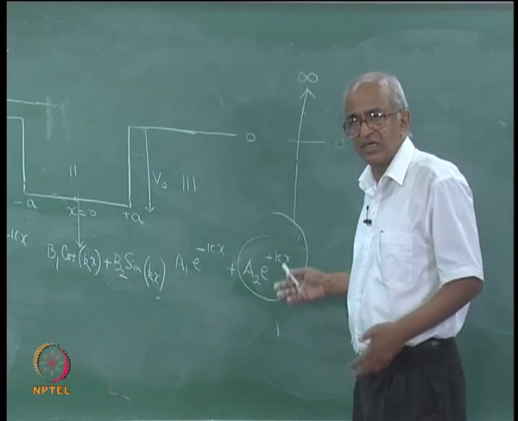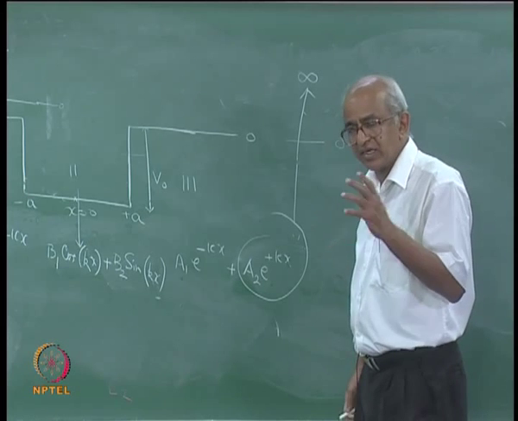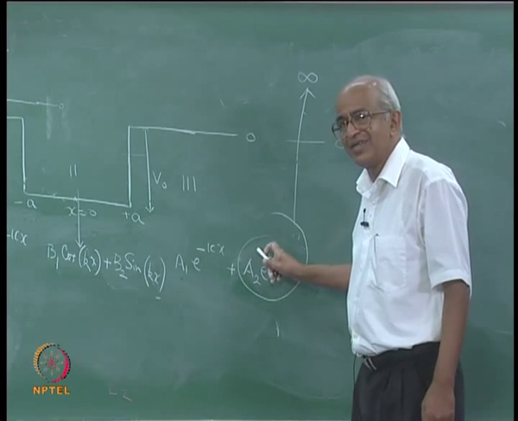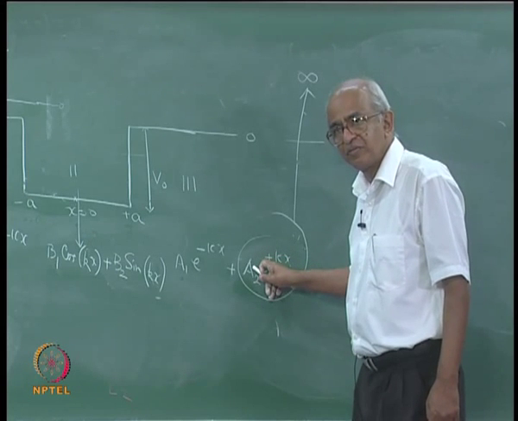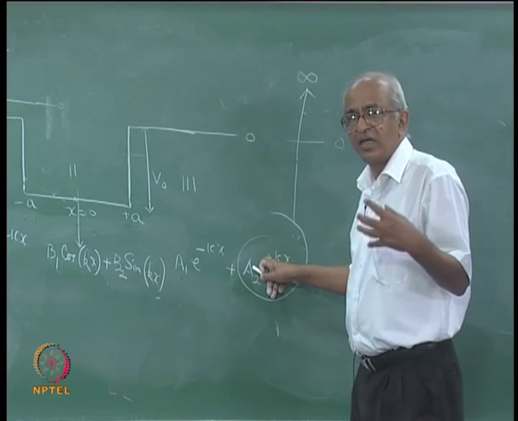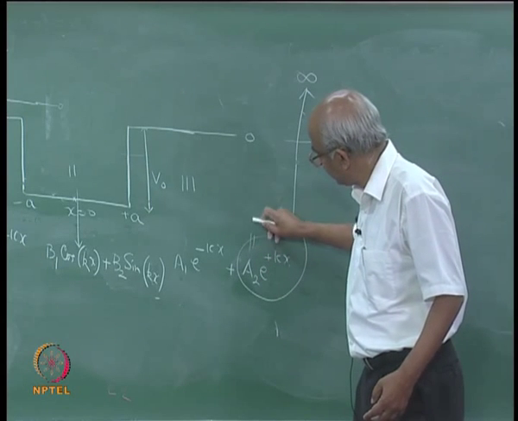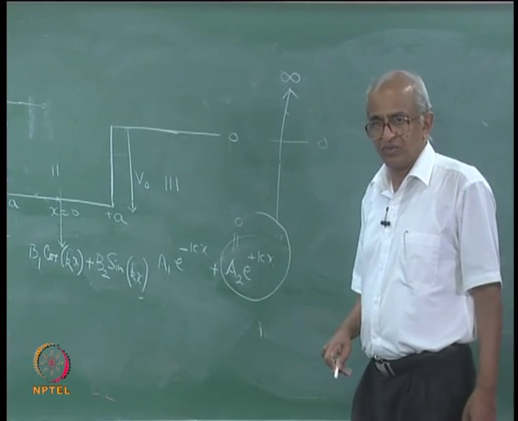There is no physical reason for that to happen, and therefore, the only way in which I can get out of this difficulty is to say that a2 must be equal to 0, otherwise I am not going to get an acceptable solution. So, therefore, straight away here I can say a2 must be equal to 0.